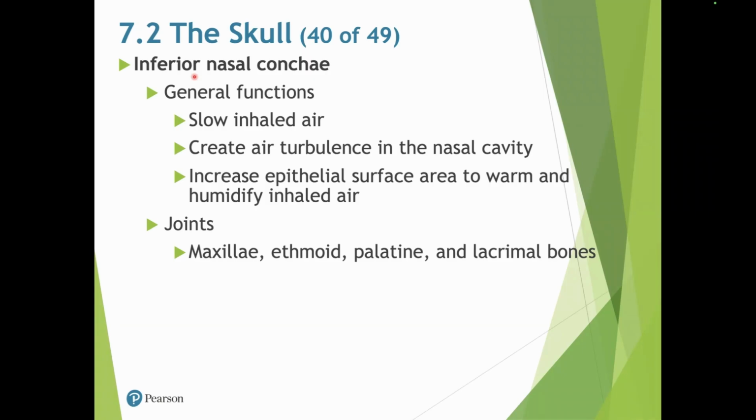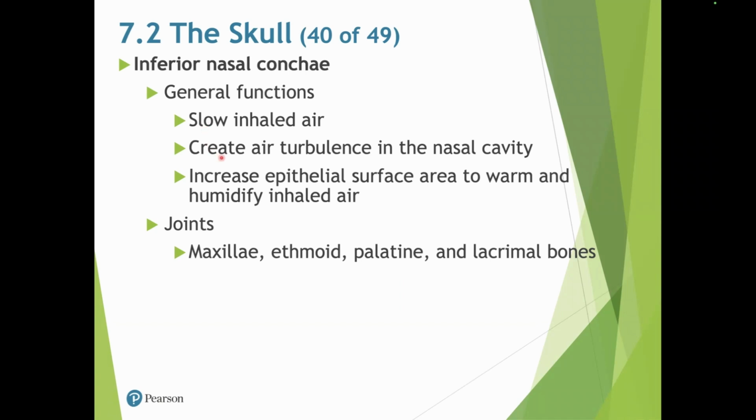You have your inferior nasal concha. Its purpose is to slow the inhaled air. When you take a deep breath through your nose, these will actually provide surface area to slow the bringing in of the air. And that's actually important, because it's essential to warm the air before it comes in. It needs to achieve closer to our body temperature.